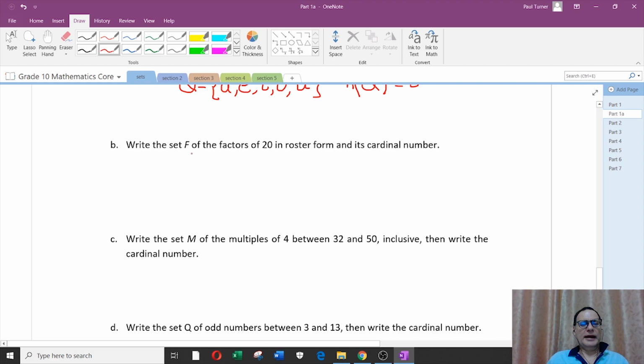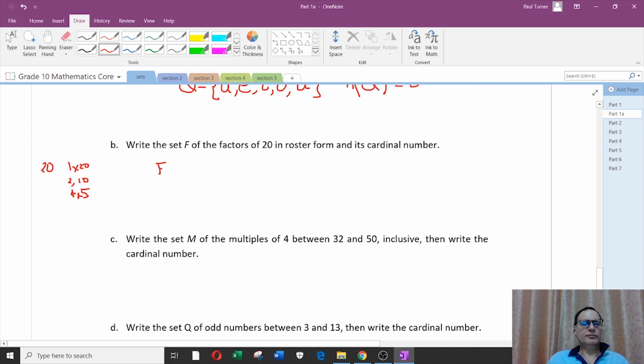Okay, write the set F of the factors of 20 in roster form and its cardinal number. So what are the factors of 20? We've got 1 times 20, 2 times 10, 4 times 5, right? 4 times 5.